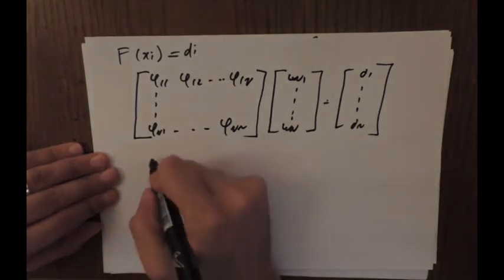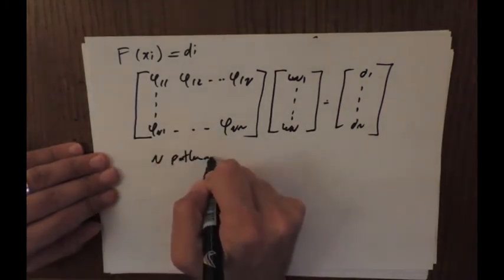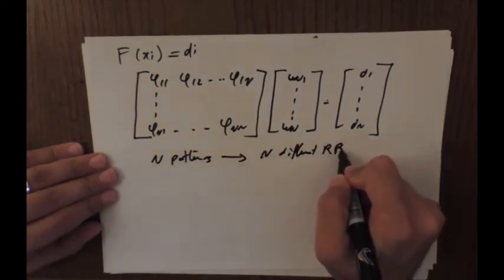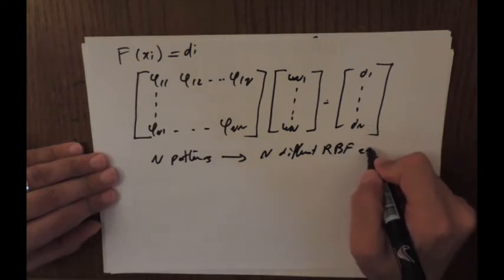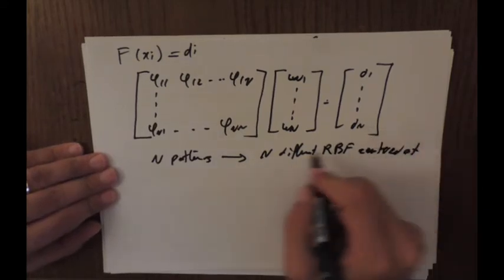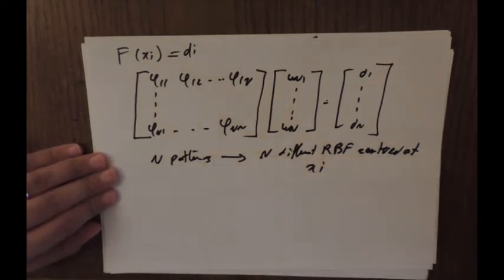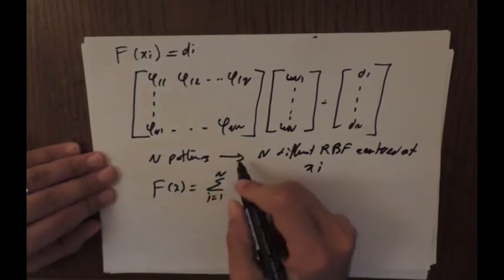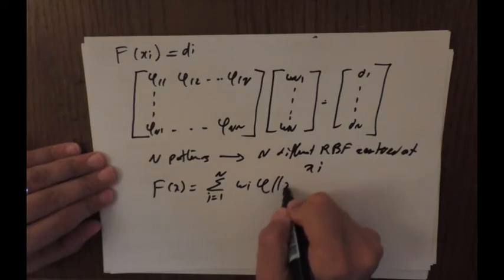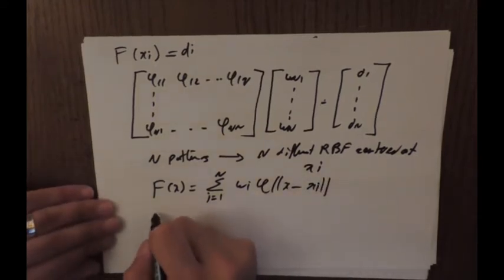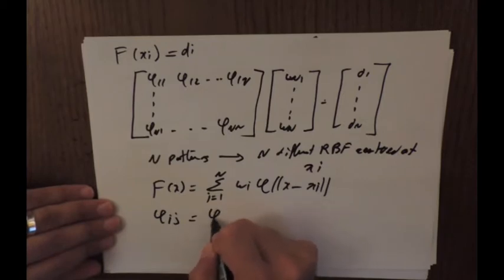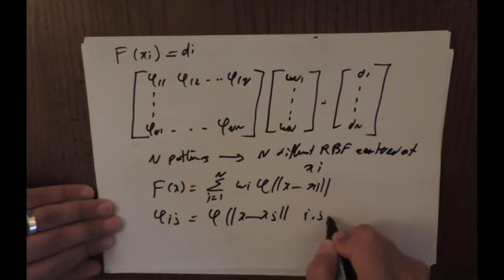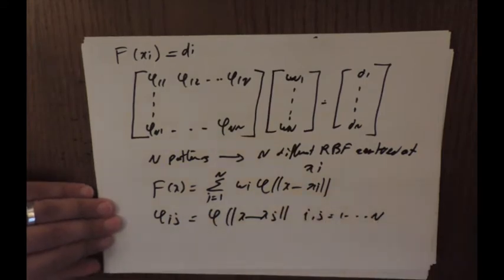So n patterns give n different RBF functions centered at xi. To recap, f of x is equal to the summation of wi phi of x minus xi, and phi ij is equal to phi of the norm of xi minus xj, for i, j equal 1 all the way to n.